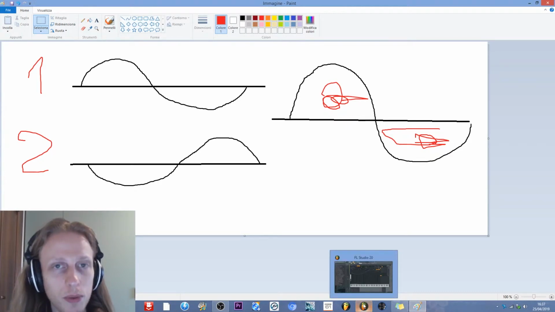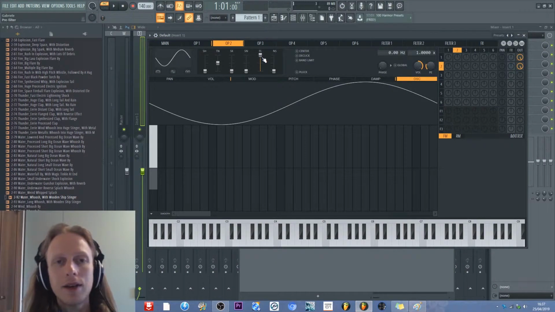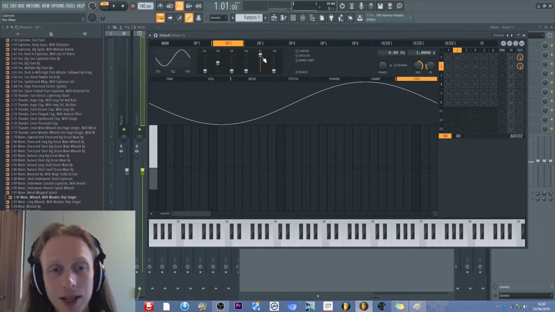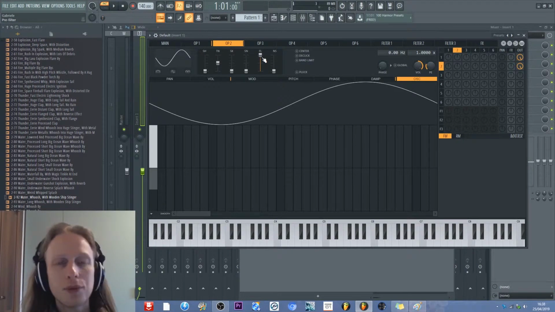And it is very important to understand that when you put, for example, two sounds together, it's not like 2 plus 2 makes 4, because if the waves are in phase, so they have the same phase, 2 plus 2 makes 4.